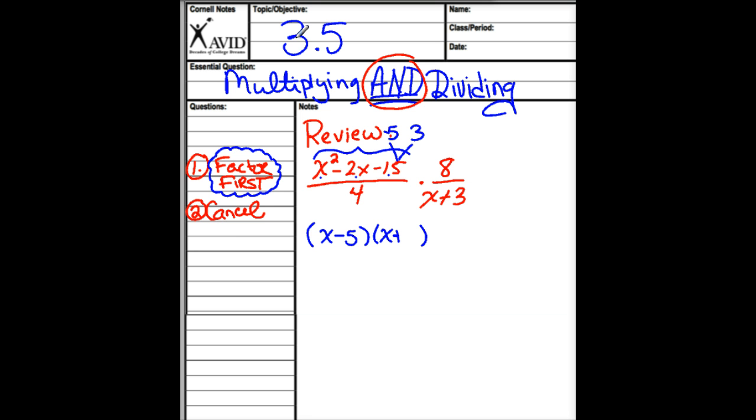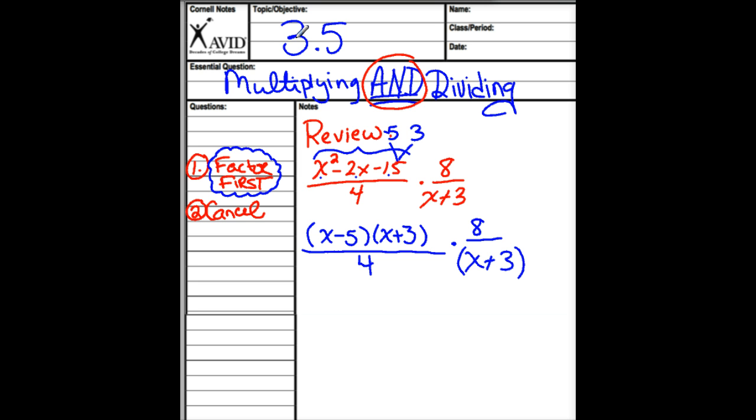Notice a sign error in this case is going to have you miss some canceling, so make sure you're not making any sign errors. 4 is as good as it gets down on the bottom there. 8 is as good as it gets on the top right. And x plus 3 is as good as it gets on the bottom right.